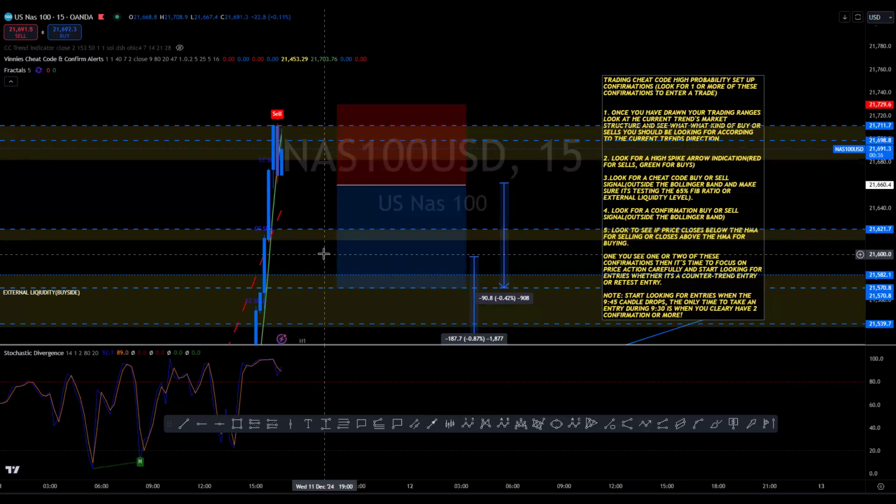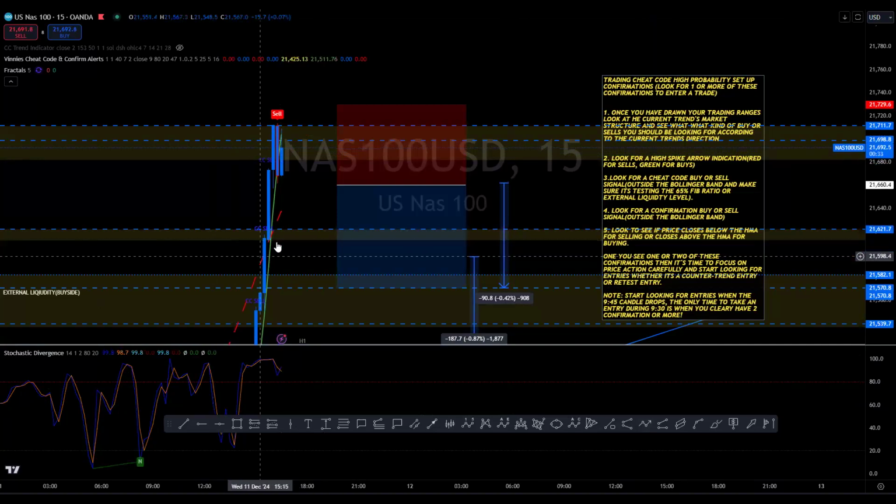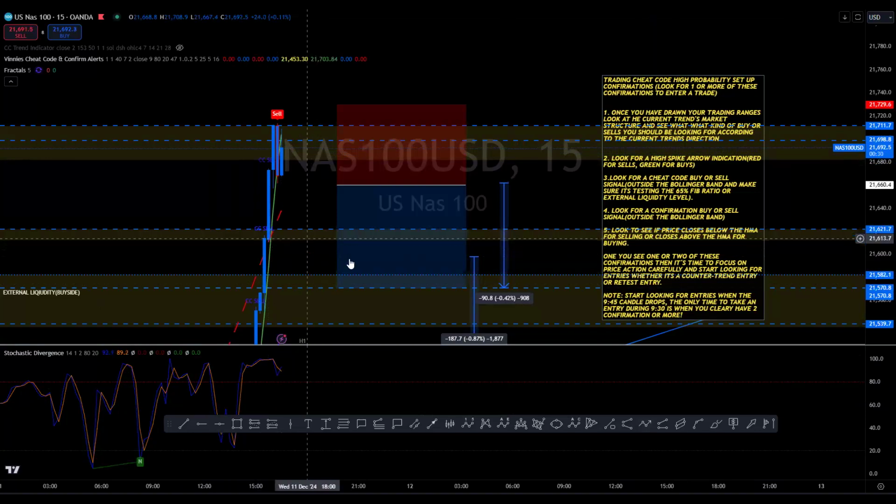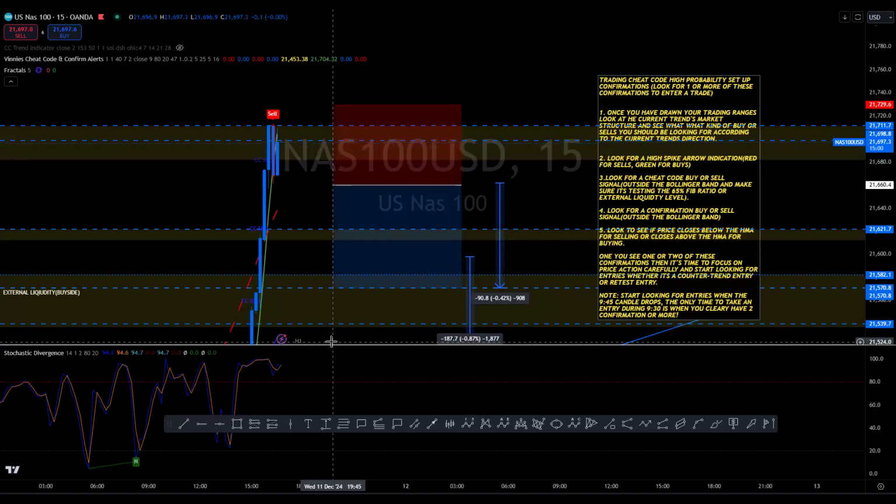If we end up getting a confirmation sell, we might sell it down to this point here, and maybe down here. Oh, 45 candle. What is that?